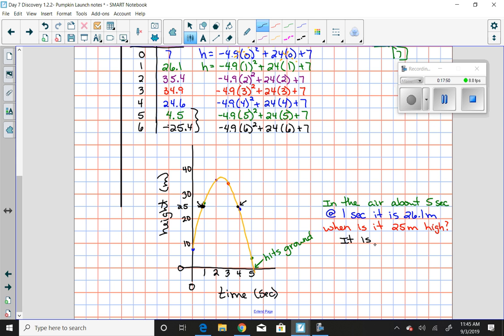It is 25 meters at about 1 second and 4 seconds. Just about. We're not getting exact. We'll do that later this year, but right now we're just estimating. So a little bit before 1 second and a little before 4 seconds, that's where we're going to find that pumpkin. It's there twice, on the way up and on the way down.